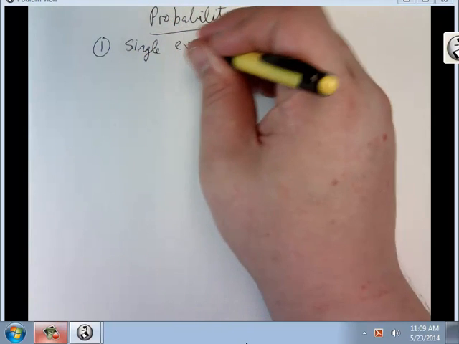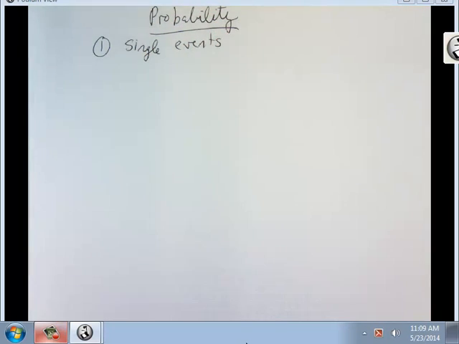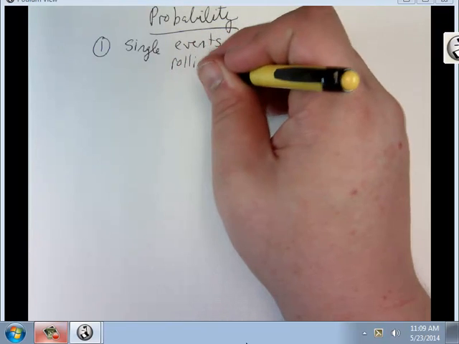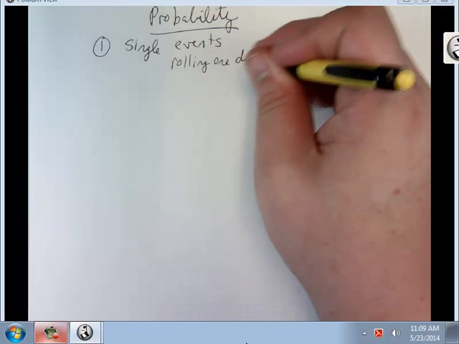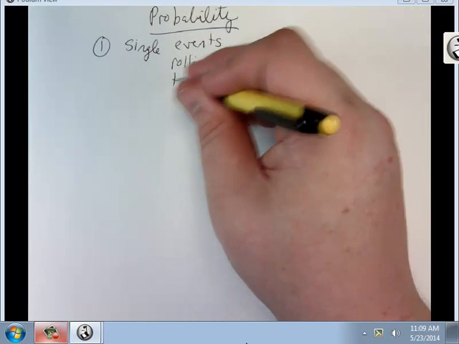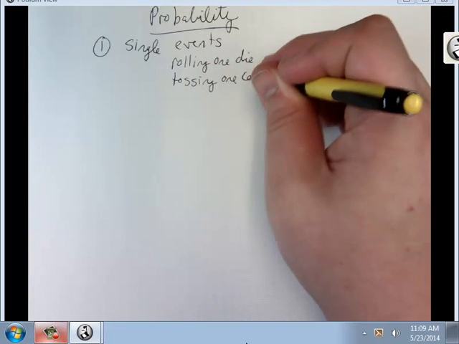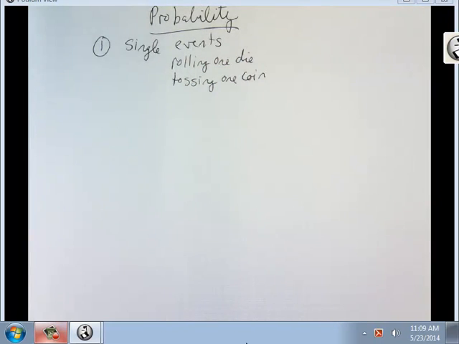events, which is just like it sounds: rolling one die, tossing one coin, things like that.